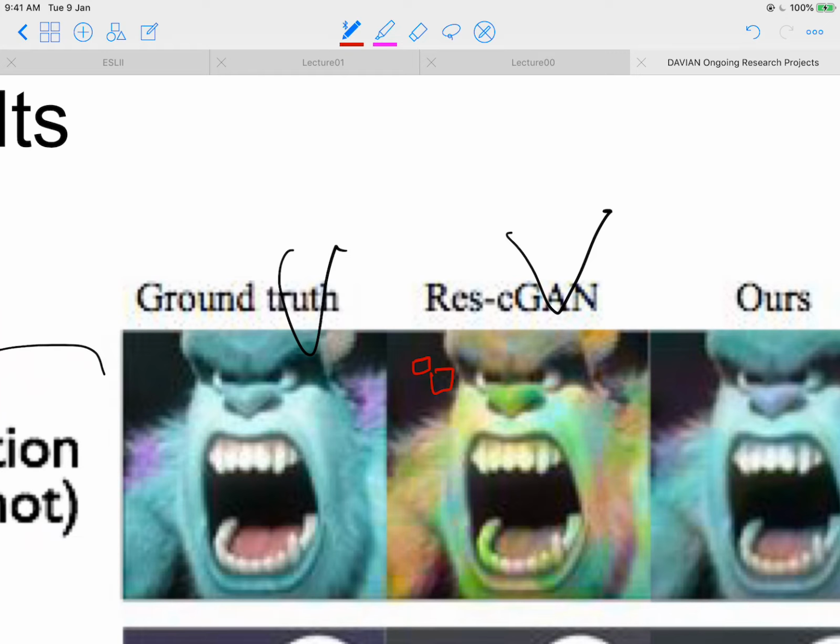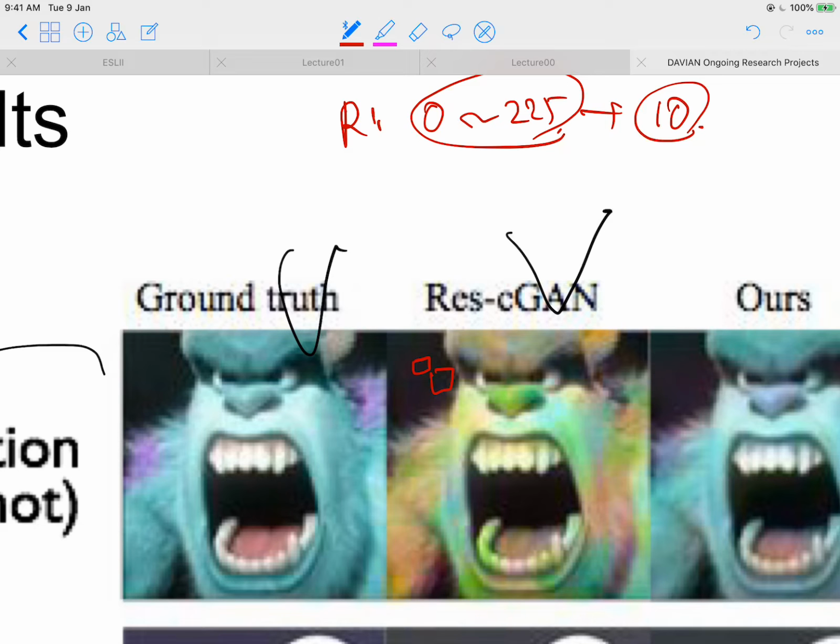For example, for our channel, 0 to 255, maybe we chop it into 10 different intervals. In that case, for each channel, we are predicting a specific category among 10 different categories, right? And we can do the same thing for the blue, the red, and the green channels, right? So that could be another alternative way.